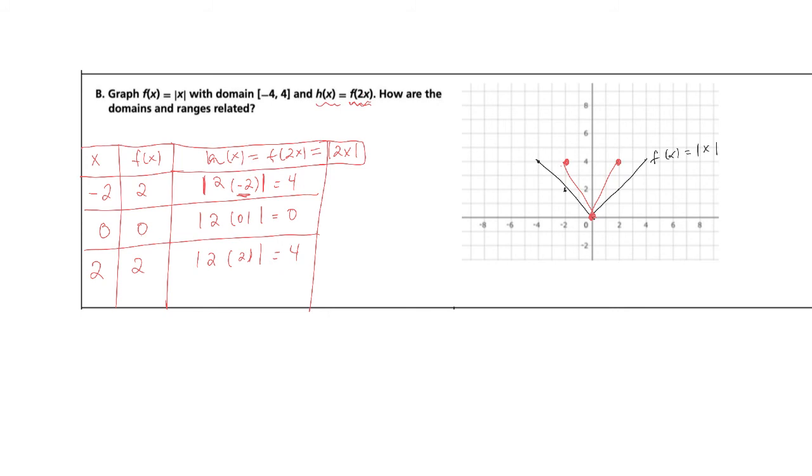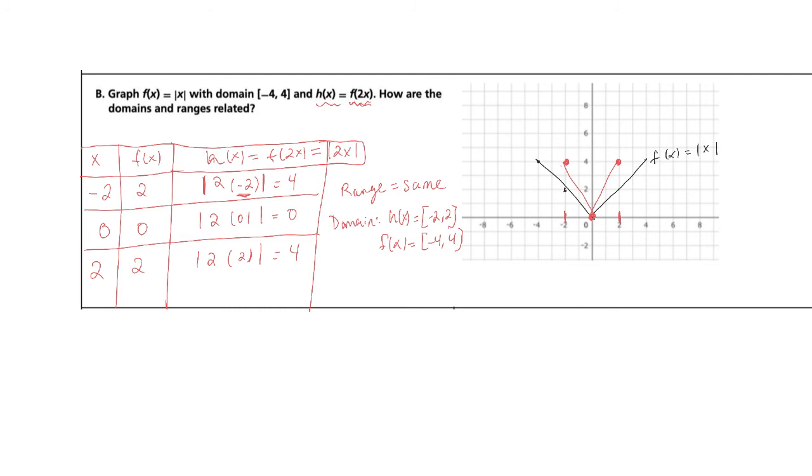But as you can see, our range stays the same, but our domain only goes from -2 to 2. So the domain of h of x equals -2 to 2, where we knew the f of x domain is -4 to 4.